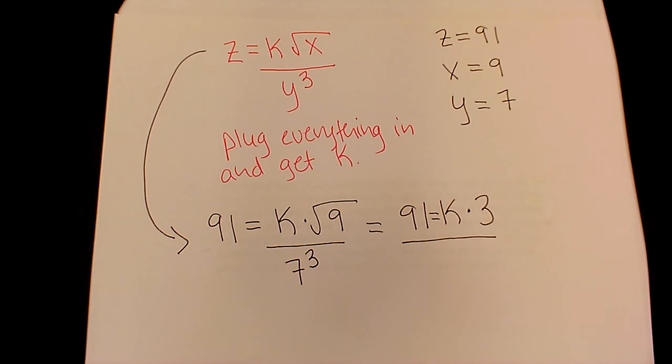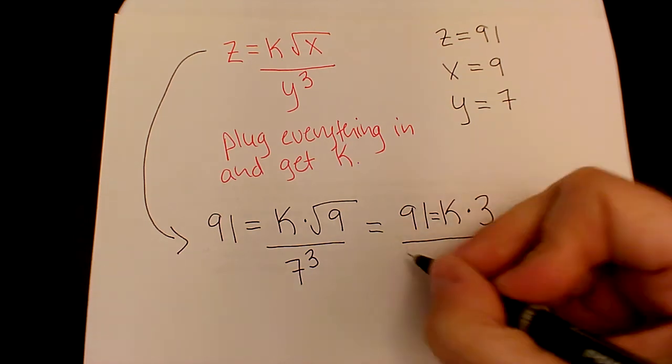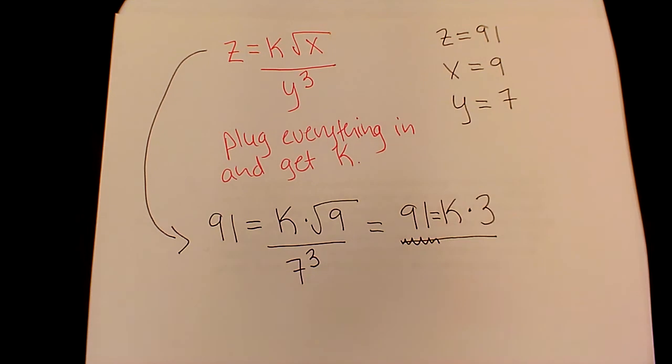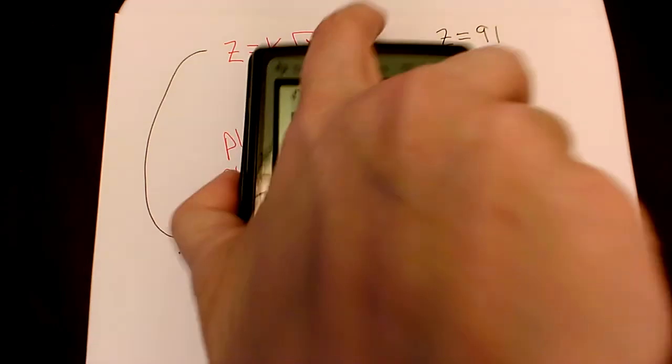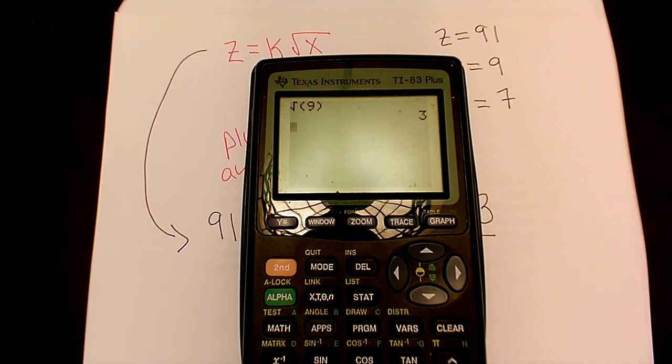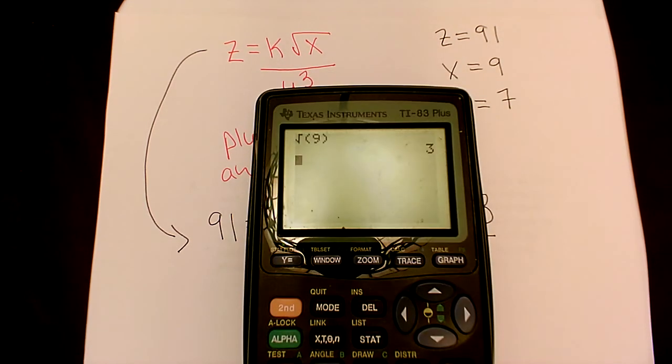So 91 equals k times 3 over 7 cubed. I don't know what 7 cubed is off the top of my head. So I'm going to plug in 7, and there's a little raised to the power, which is right under clear.